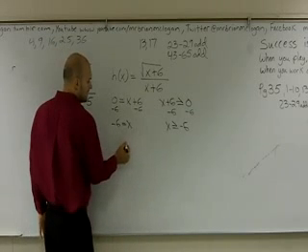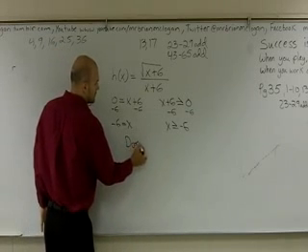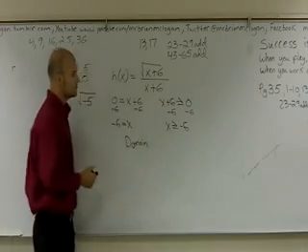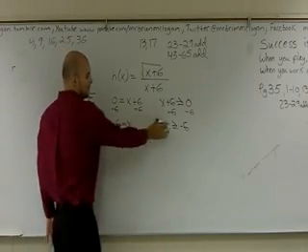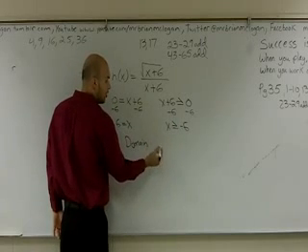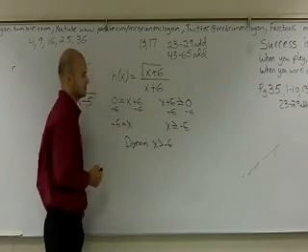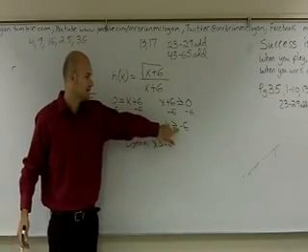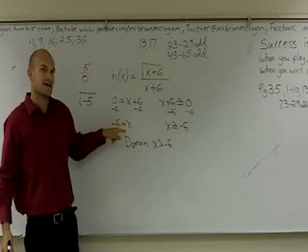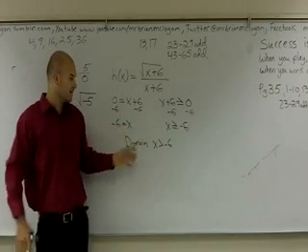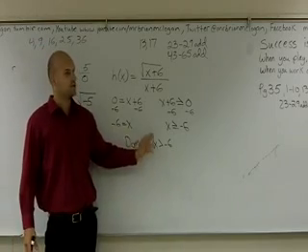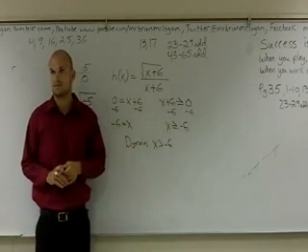So when I find my domain, it can't equal negative 6, so your domain is all values that are greater than negative 6. You can't include the equals because we already said it can't equal. So my domain is all the x values greater than negative 6.